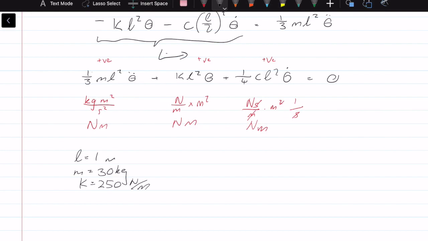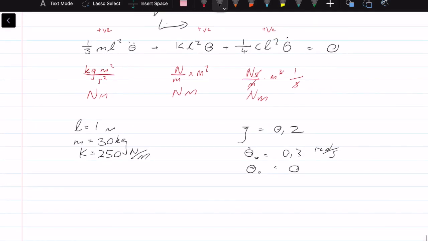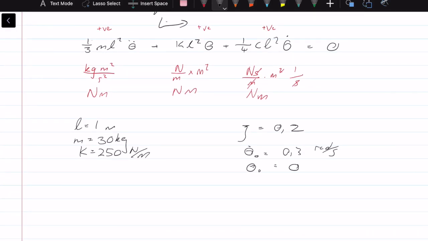Then we've also been given the damping ratio, C is equal to 0.2, and our initial conditions, theta dot naught is equal to 0.3 radians per second, and theta naught is equal to 0.